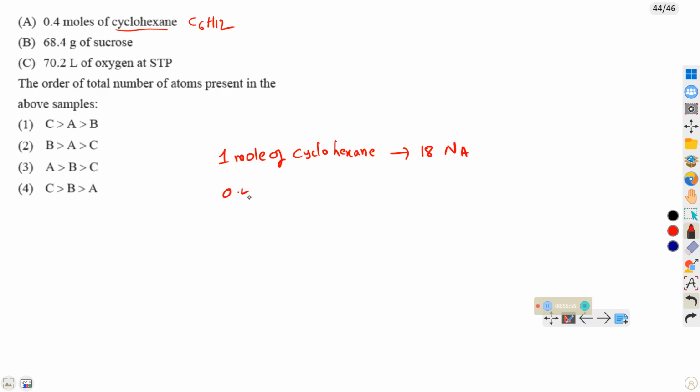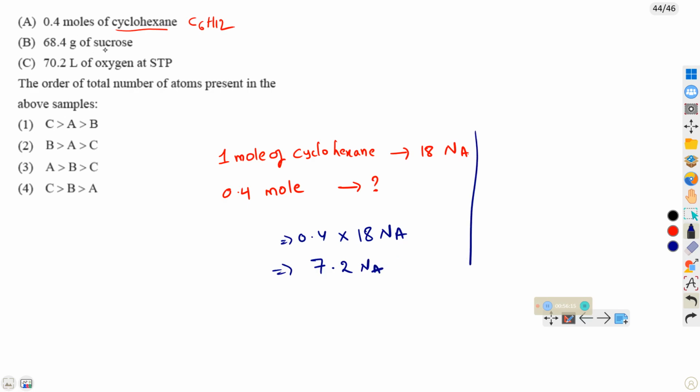Then 0.4 moles contains how many atoms? 0.4 into 18 into Avogadro number, that equals 7.2 into Avogadro number.